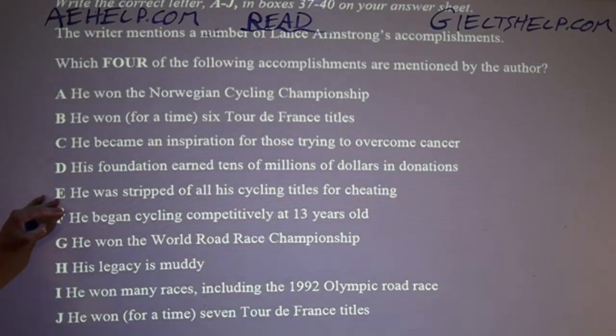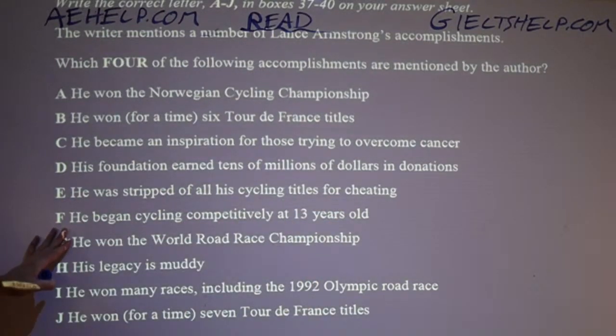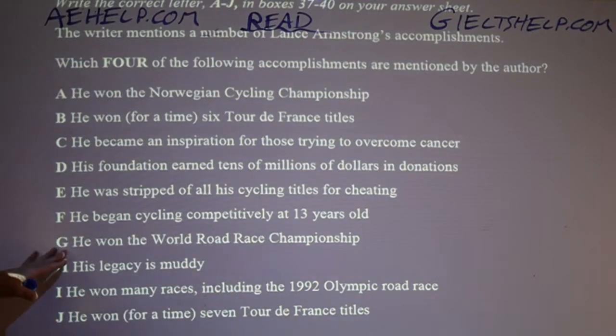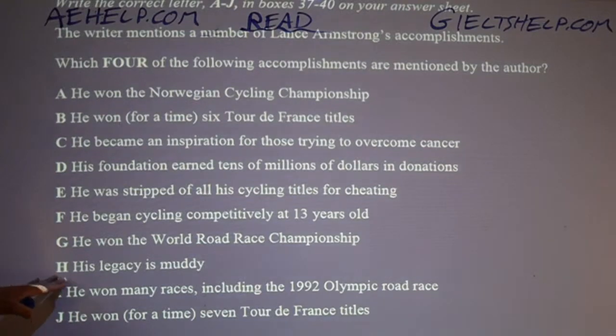E, he was stripped of all his cycling titles for cheating. F, he began cycling competitively at 13 years old. G, he won the World Road Race Championship. H, his legacy is muddy. I, he won many races, including the Olympic road race. J, he won for a time 7 Tour de France titles.